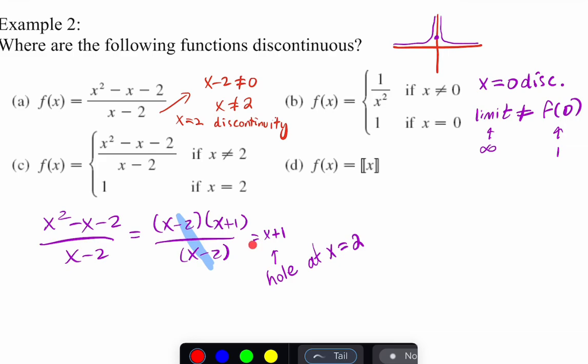No, because it would be 2 plus 1. You're subtracting. 2 plus 1, it would be 3. So is it going to 3? No. Look what it's going to. What did they define it at? They defined it at 1.